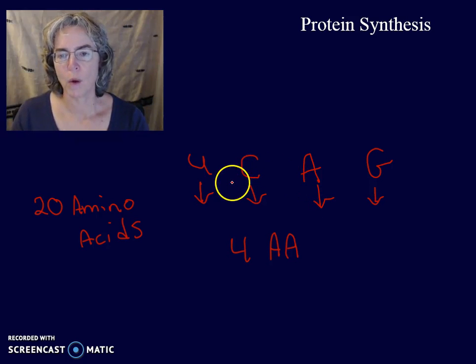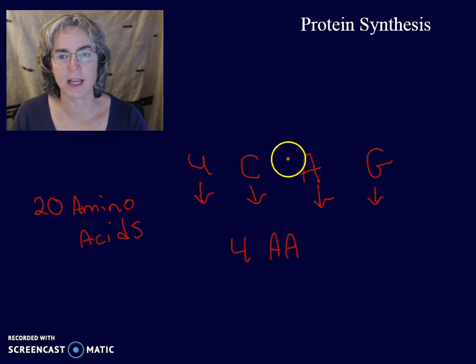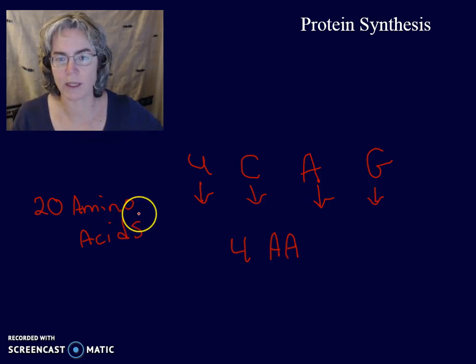What if we combine the nucleotides, say, into 2-letter words? Would that be enough to be able to build 20 amino acids? Well, let's try it.